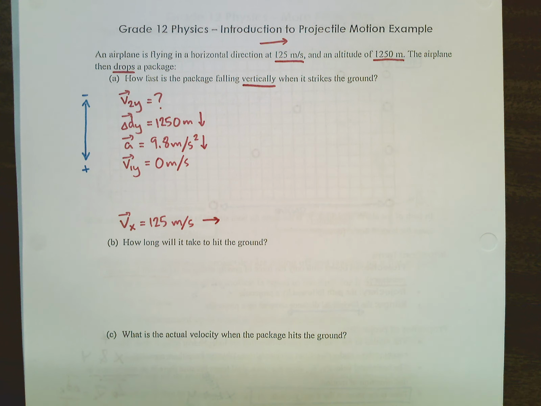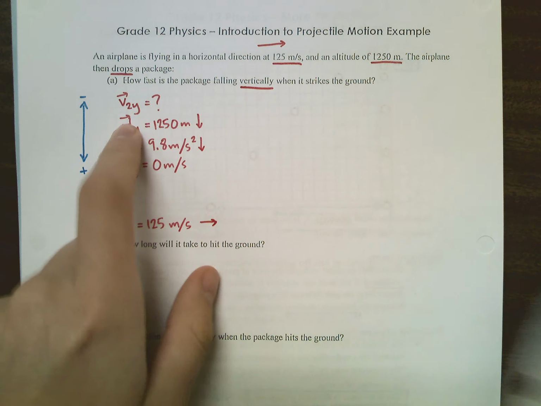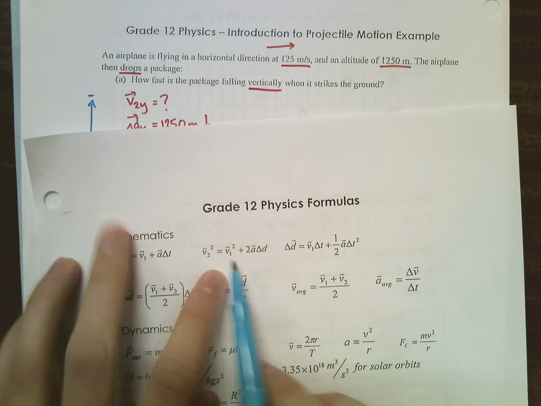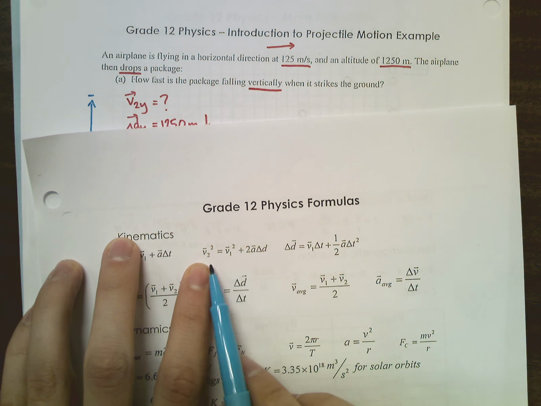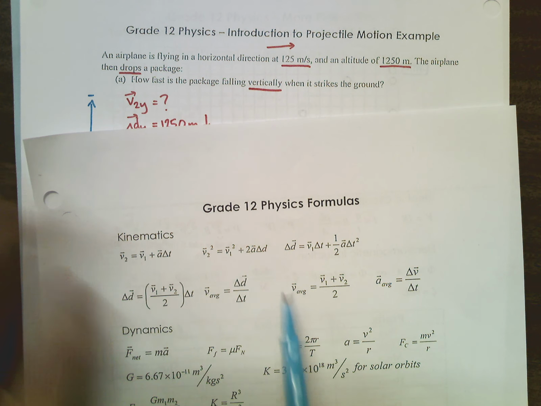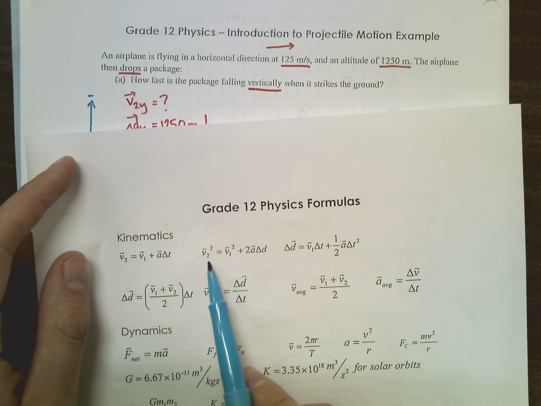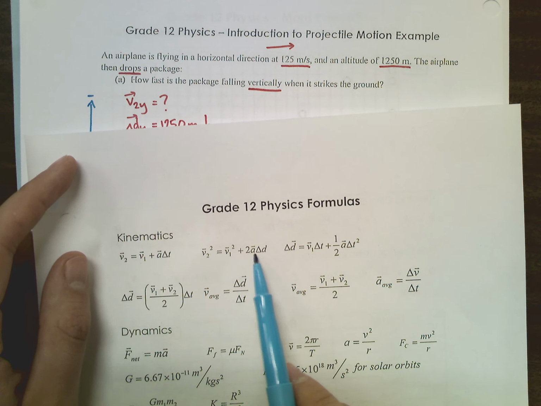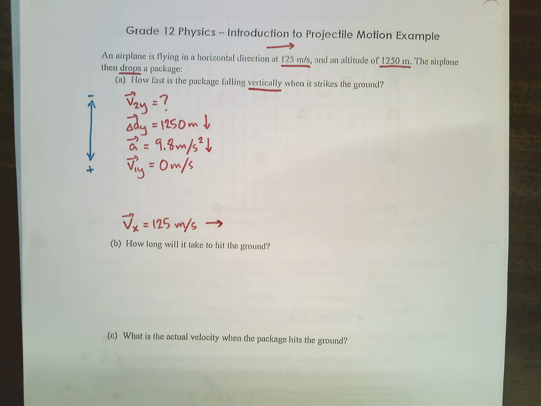So let's use the proper formula here to be able to find v2y. Now don't get intimidated by the fact that there's y's in there now. These formulas don't change. Just imagine that there's little y subscripts all over the place. So v2y squared equals v1y squared plus 2a delta dy.